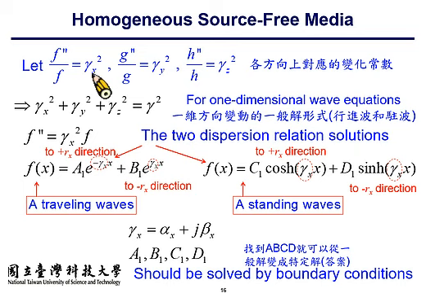The constants in the x-axis, y-axis, and z-axis are represented with gamma x, which is the projection of the propagation constant gamma on the x-axis. So f double prime over f equals gamma x squared, and the same thing for gamma y and gamma z. And the summation of gamma x squared, gamma y squared, and gamma z squared should equal gamma squared.